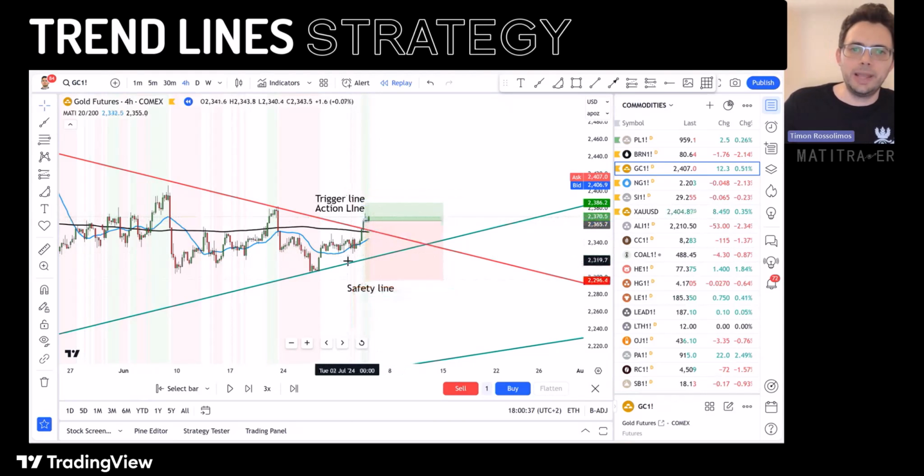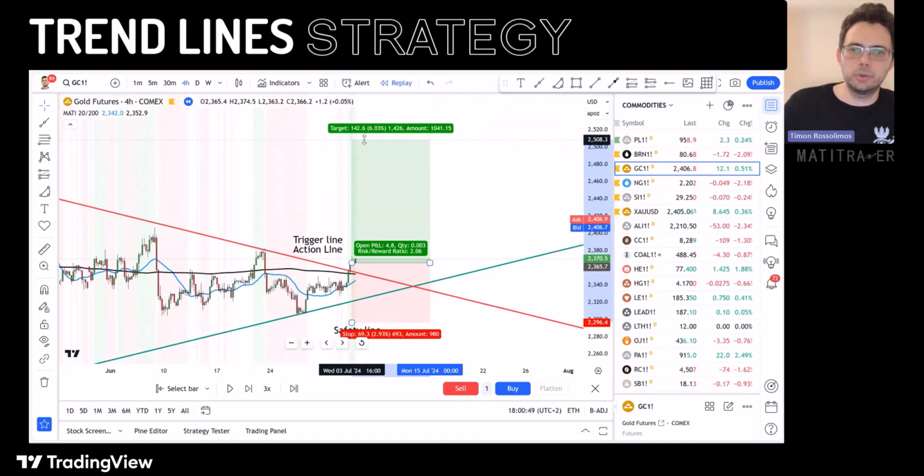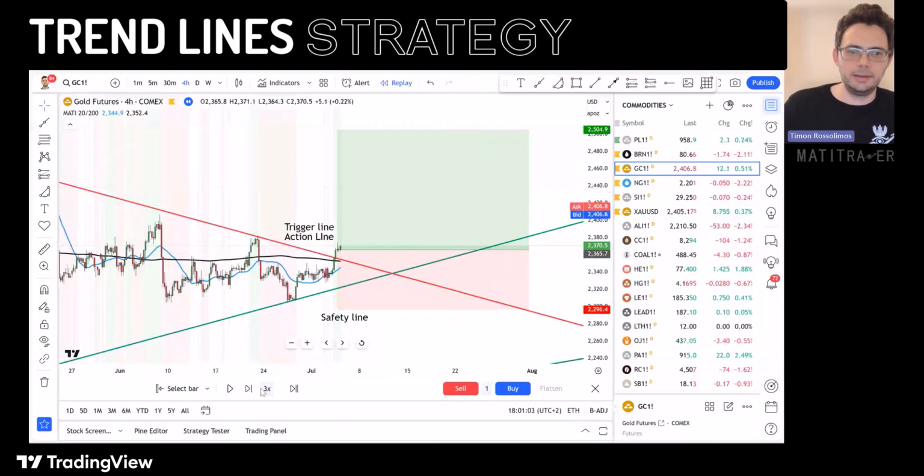So now we have a new safety line and we have a trigger line, which is in action. Then we can move this up to a risk to reward of 1 to 2. Or if you wanted to continue, moving up along the trend line, you can hold indefinitely until it crosses the safety line. So let's continue playing.